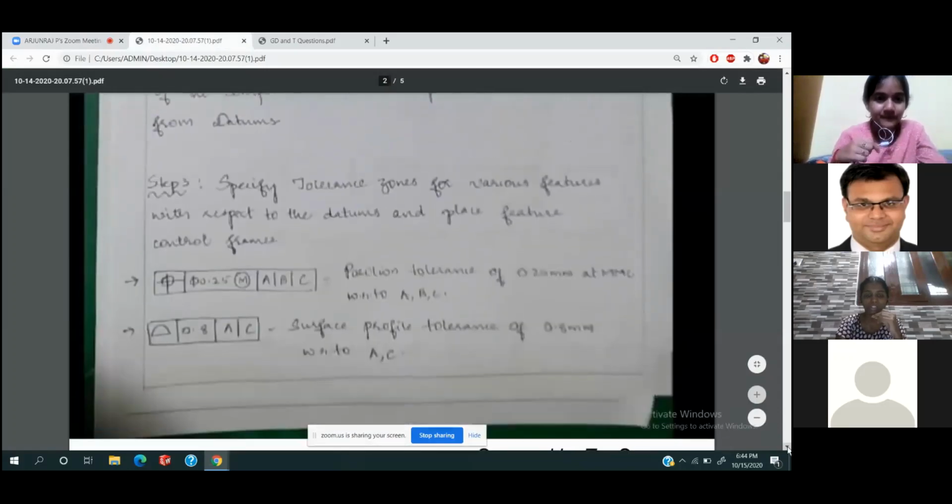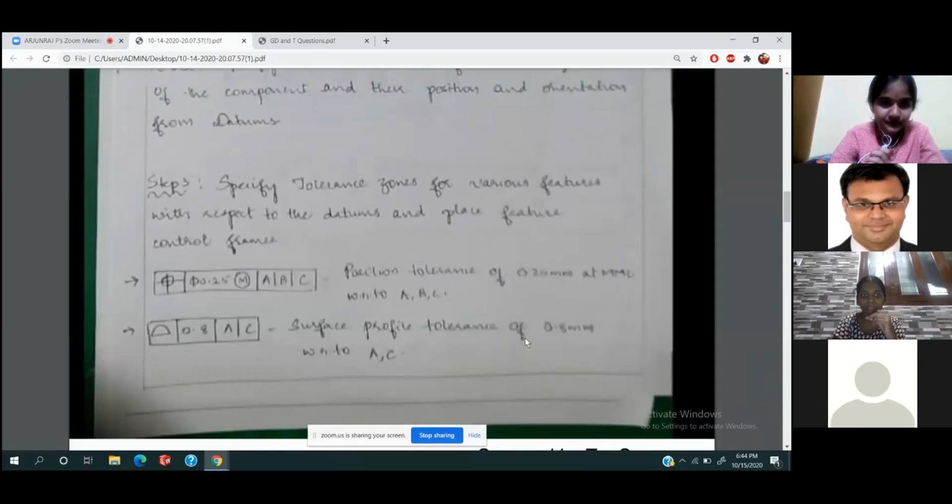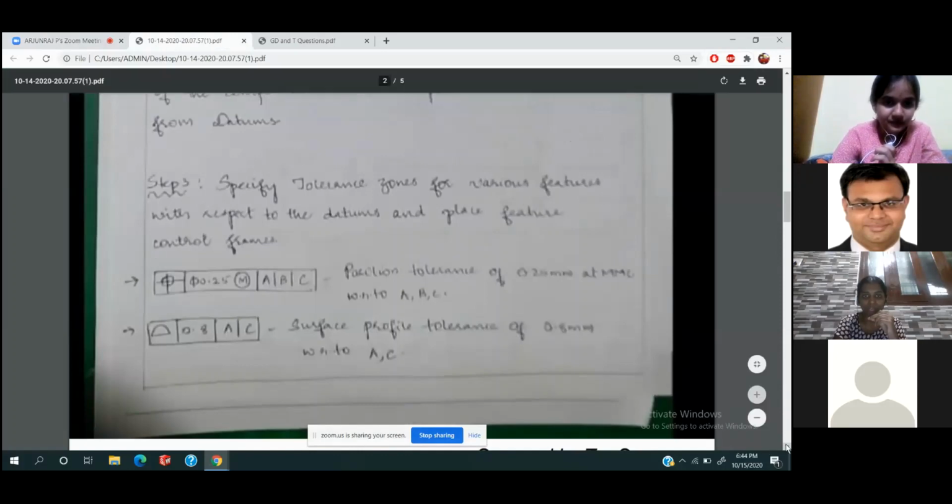And here, the datum features that are there in the component we mentioned, sir, like the first thing, position tolerance, and M indicates maximum material condition. What is the surface profile tolerance?